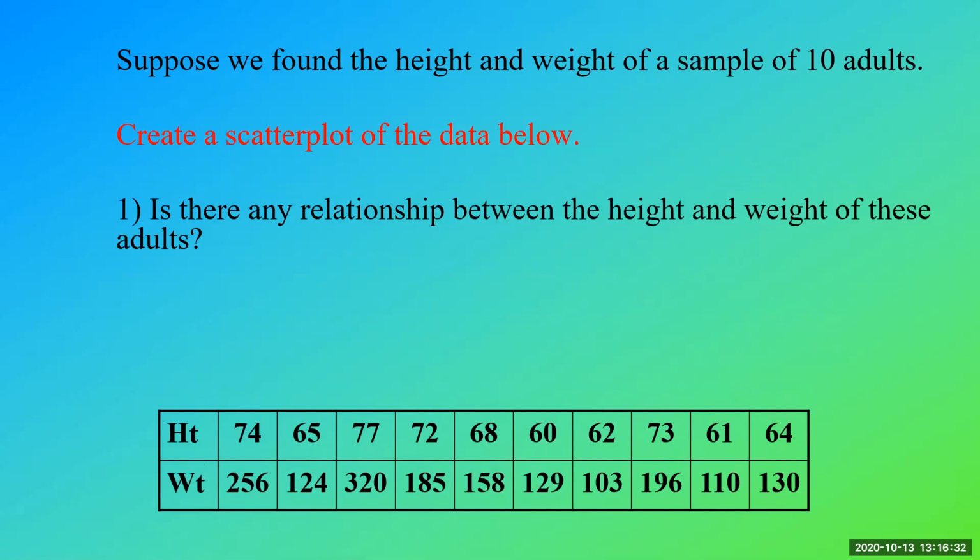So let's change this data set, and instead of answering the question, is there a relationship between age and weight? Is there a relationship between height and weight? Let's go back to our scatter plot.